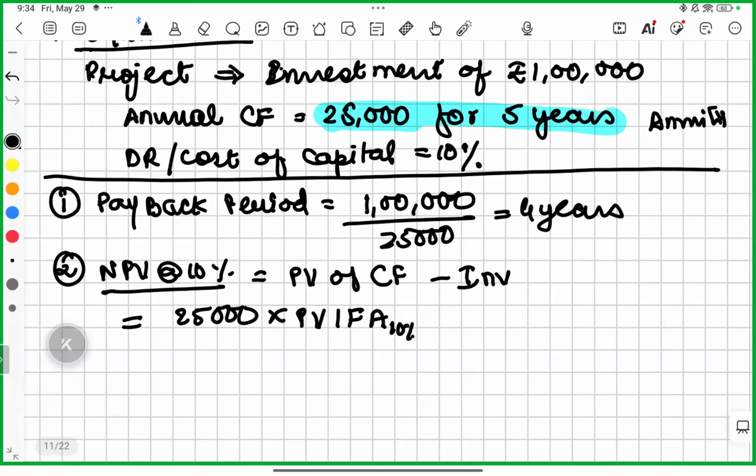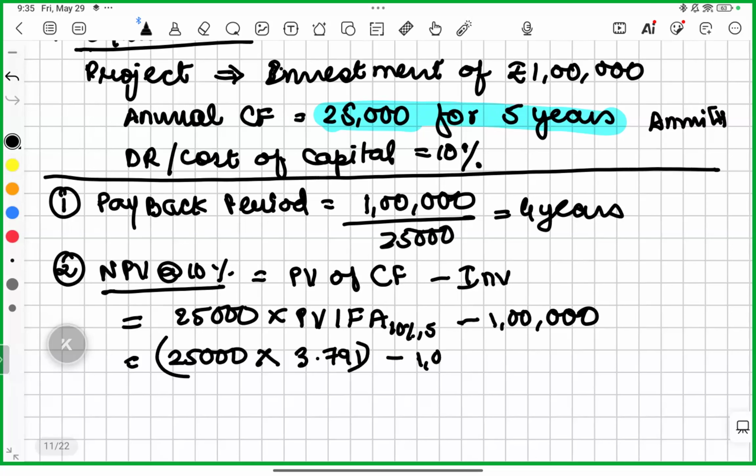So 25,000 into 3.791 minus 1 lakh. Reject the project because NPV is negative.